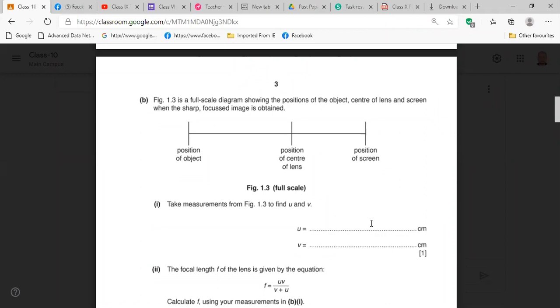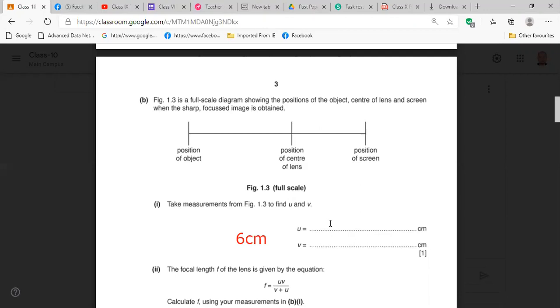We have to show nearest millimeter. 6.0 centimeter. Here you write beside you. Wait, sir, there is some problem here, it is hard to fix.